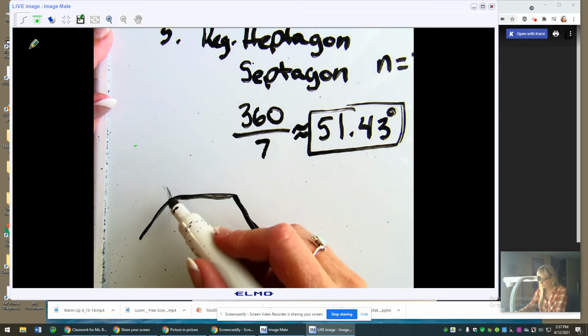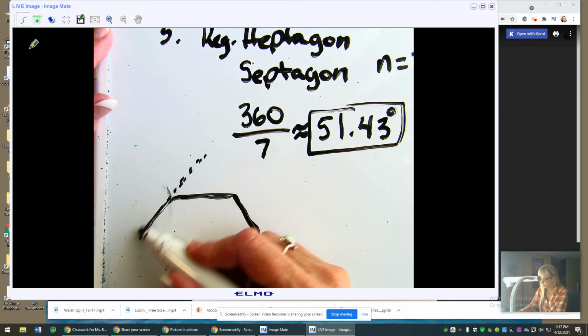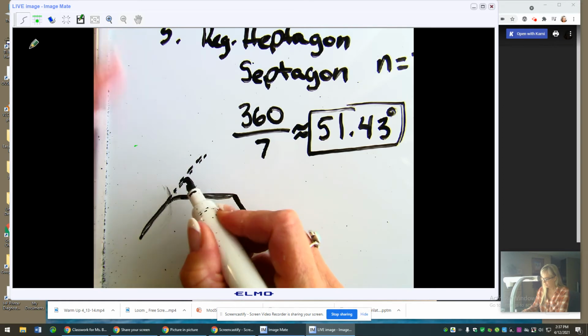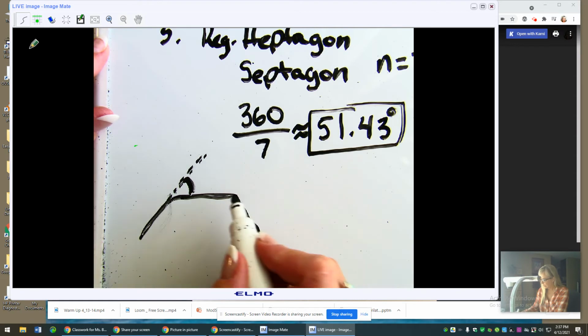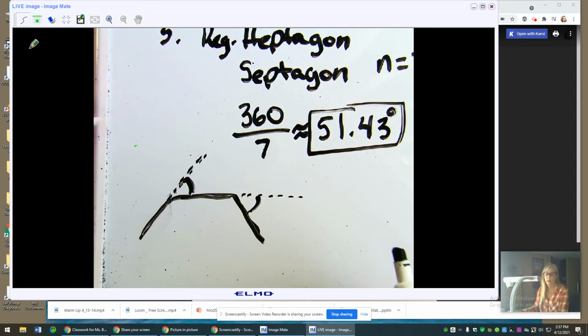If I extended this line right here to go straight, this angle right here is that exterior angle they're talking about. Again, if I extended this one out here, it would be this angle that we're talking about. That's the exterior angle. We have to extend one of the side lengths to see the exterior angle.